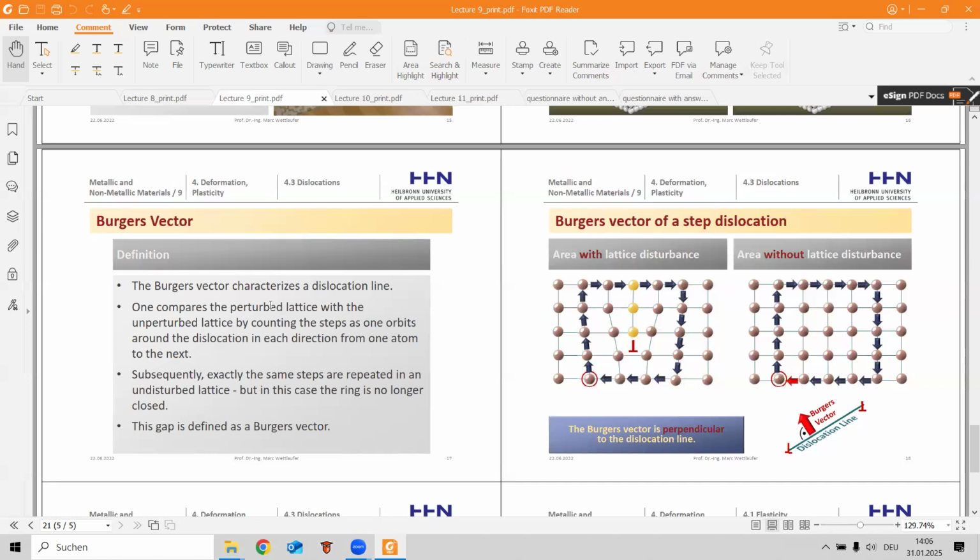Subsequently, exactly the same steps are repeated in an undisturbed lattice, but in this case the ring is no longer closed. This gap is determined as the Burgers vector. This is the vector of the edge dislocation. Area of lattice disturbance.